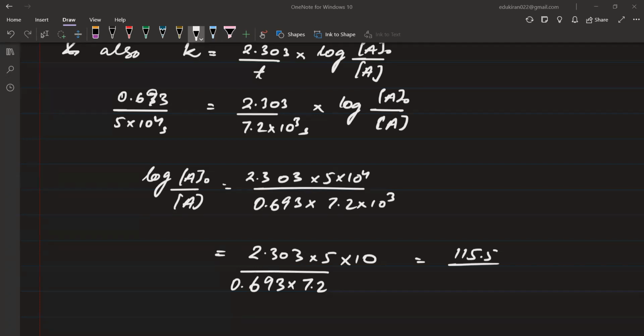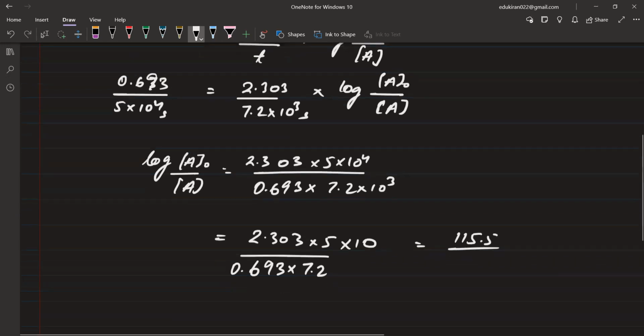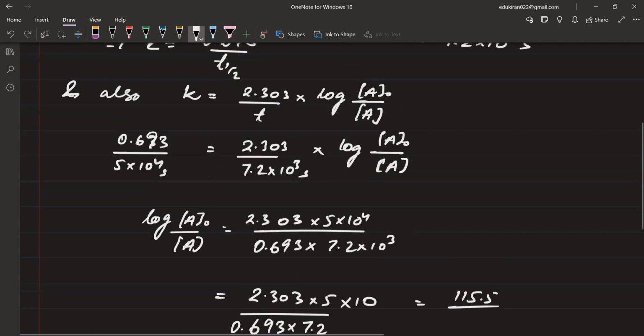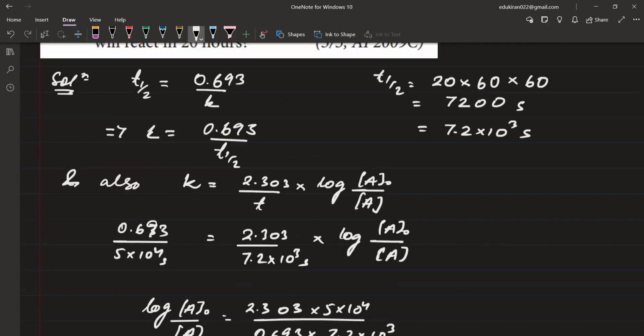Did I miss something? Wait a second. Oh, this will be 7.2 into 10 power 4. Oh no, there will be 3 zeros here. Wait a second, please.